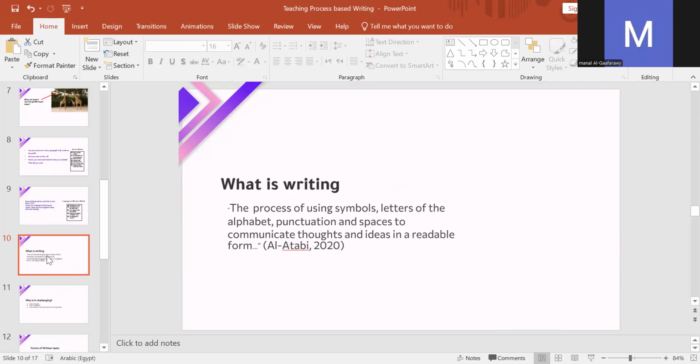Students have to go through different stages and to know what happens at each stage in order to come up with a readable text at the end that conveys and communicates their ideas and thoughts. And that's what we are shooting for in this session. How to make writing accessible and manageable, easy to handle for our young learner students.